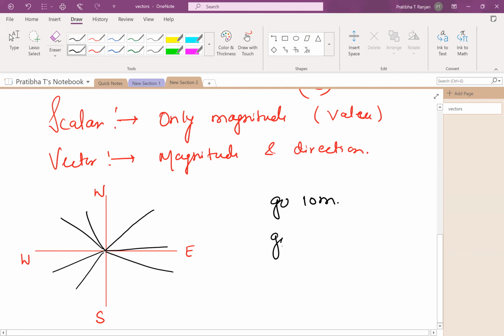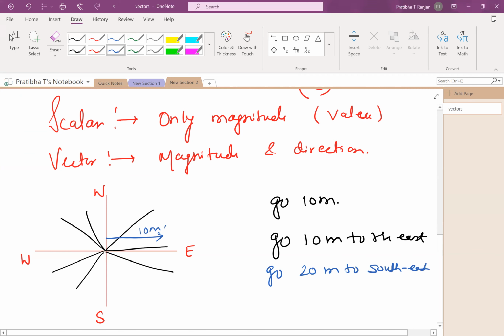But if I say go 10 meters to the east, then your direction is towards the east with the 10 meters, right? If I say go 20 meters to the southeast, then your direction is without any doubt in this way to the southeast. So this is my scalar, whereas these two are my vector quantities, right?